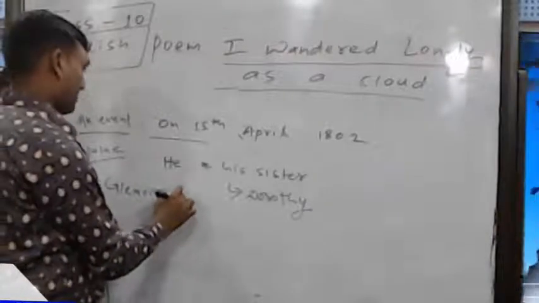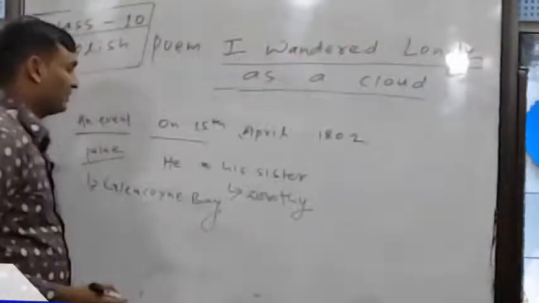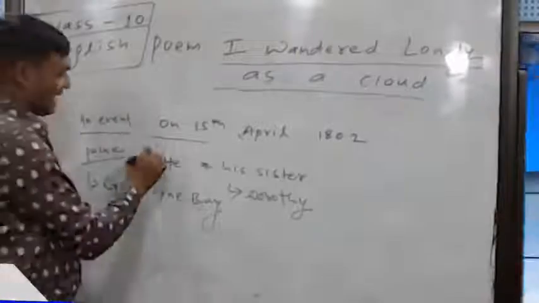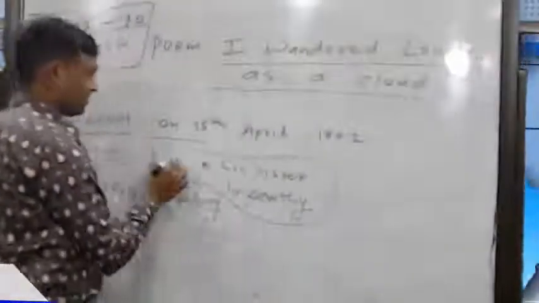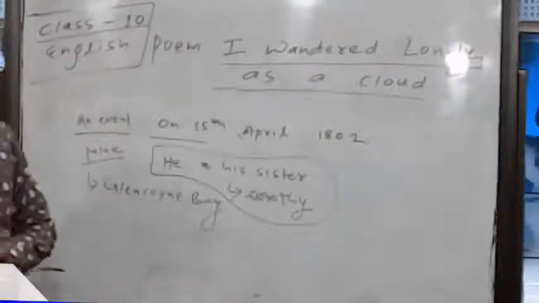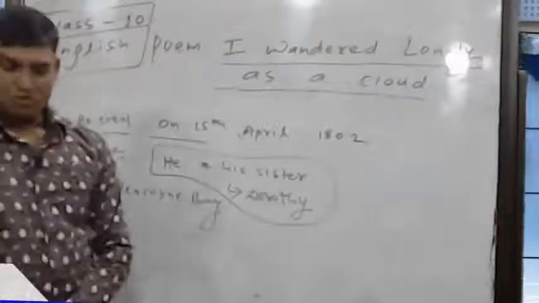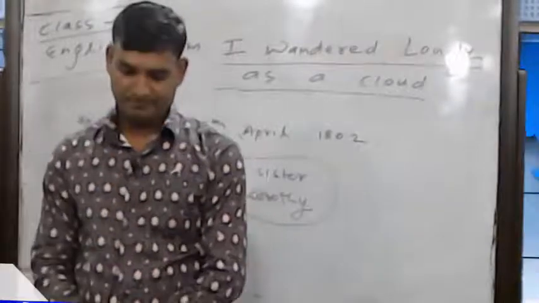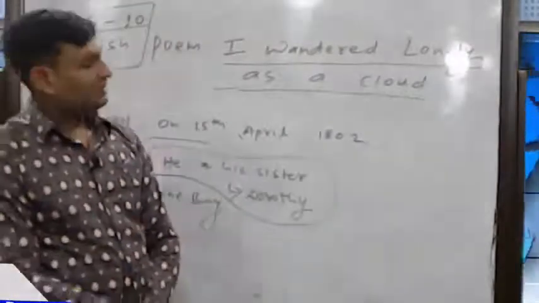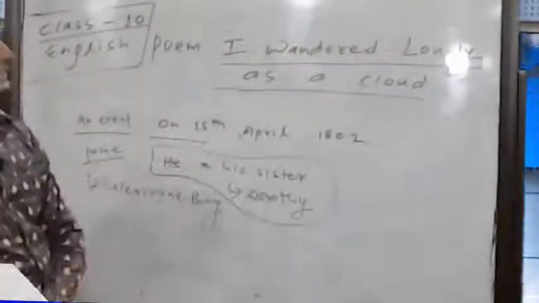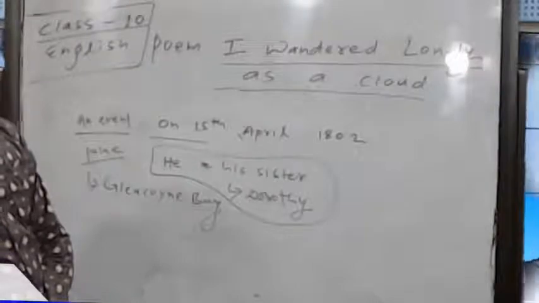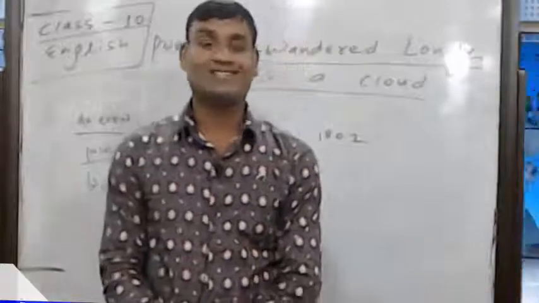He and his sister Dorothy went to visit Glencoe Bay, and there they saw so many daffodils. The poet imagined all these things and wrote the poem I Wandered Lonely as a Cloud.